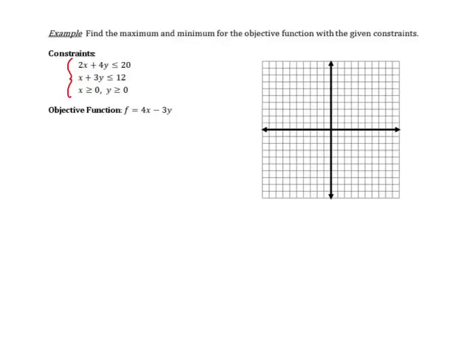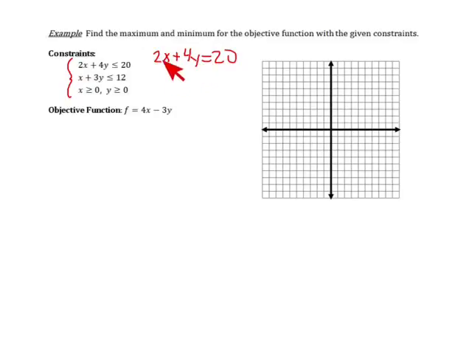Alright, our first one we have is 2x plus 4y is less than or equal to 20. To graph an inequality, we've got to find the boundary line first. So we're going to graph the boundary line 2x plus 4y equals 20. And so to do this, we're going to find our intercepts.